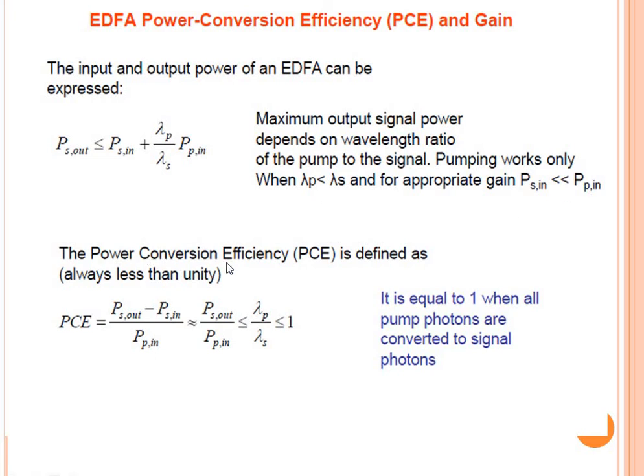Thus the power conversion efficiency is given by this relationship, which is always less than 1. The ratio of output signal power by input pump power must be less than the ratio of the pump wavelength and the signal wavelength, which is much less than unity.